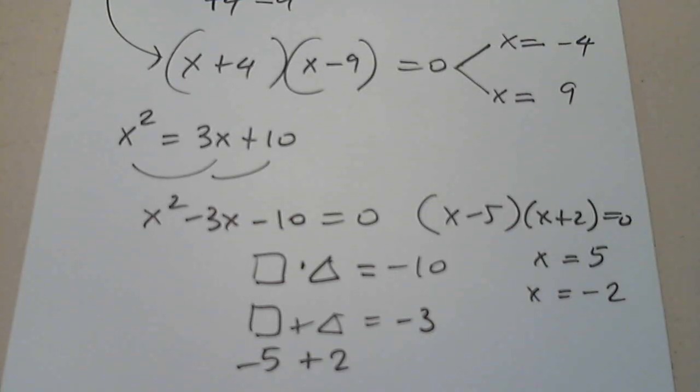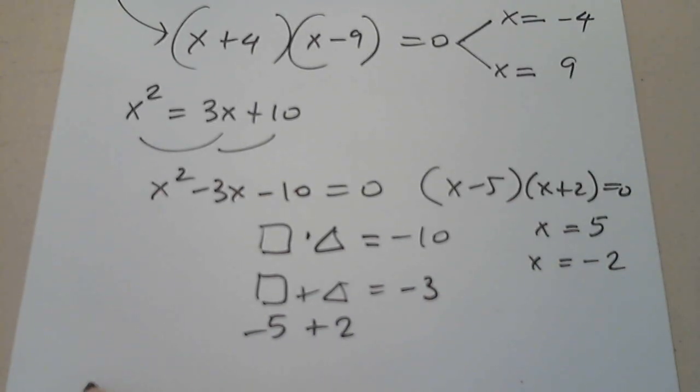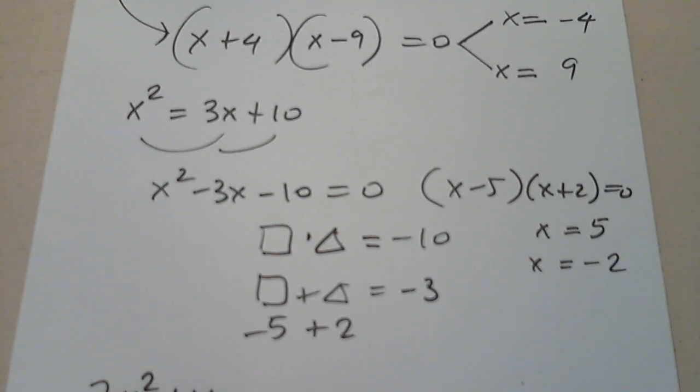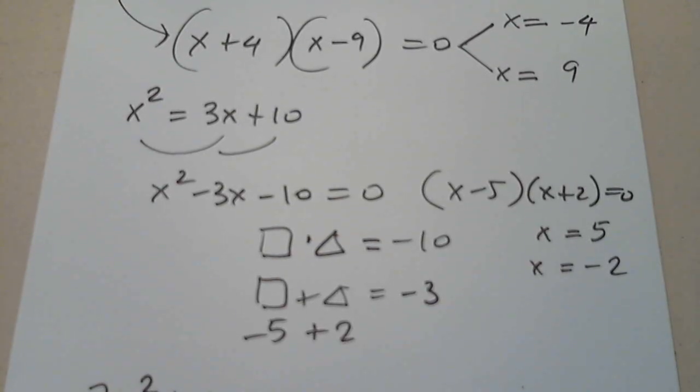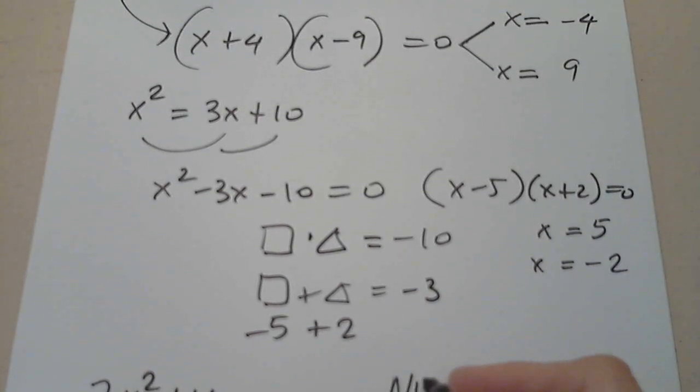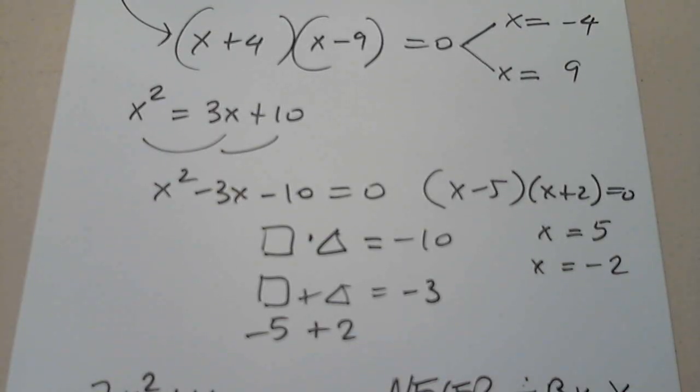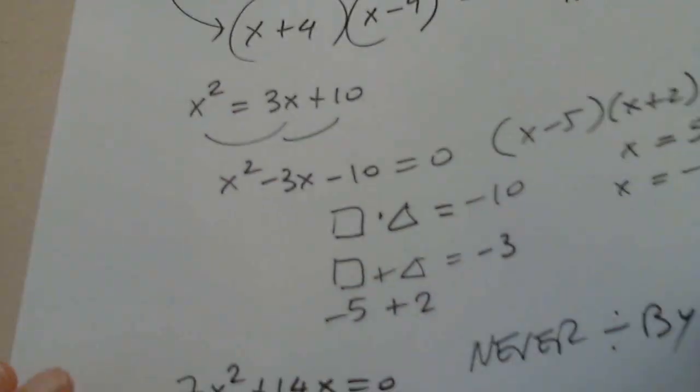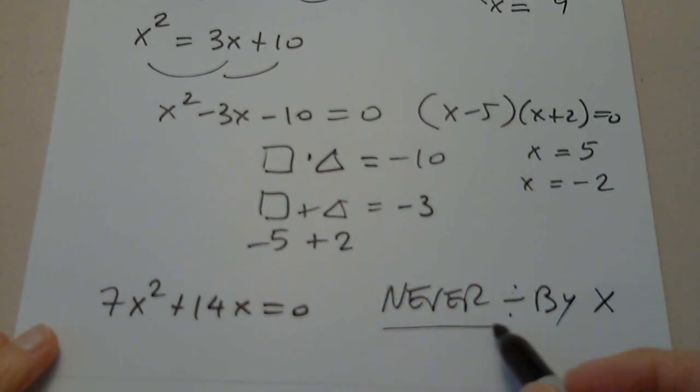Okay, this is a very nice situation, and somehow this specific type of problem trips up students. So please remember, we never divide by x or an expression with x. Do not ever divide by x.